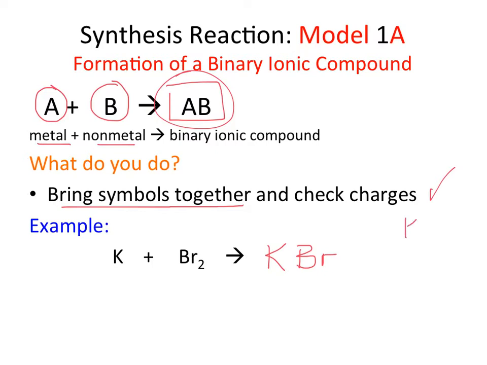Now, off to the right, I'm going to do this, and you should be very comfortable with this by now. +1 and a -1 will neutralize out, and so the answer really is KBr. Now we're going to balance, and so I notice that I have 2 bromine, so I'm going to put a 2 in front of the KBr. That then gives me 2 potassium, so I'm going to end up putting a 2 over here as well, and now my reaction is balanced.